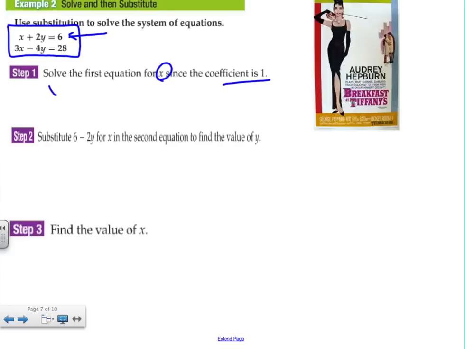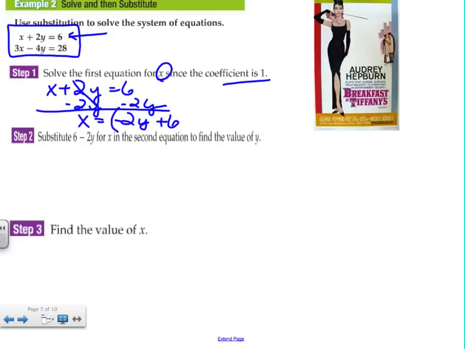So let's isolate x in x plus 2y equals 6. If I subtract 2y from both sides, I get x equals negative 2y plus 6. Okay? Now, I can take the negative 2y plus 6, which equals x, and substitute it into the second equation.